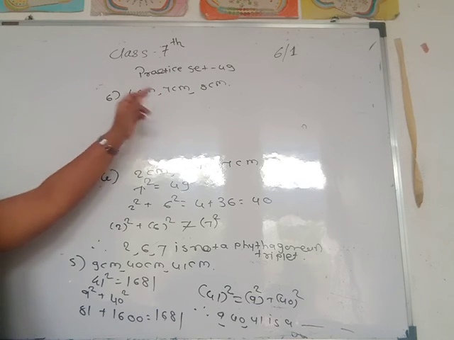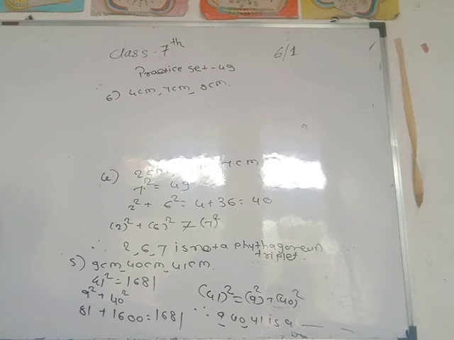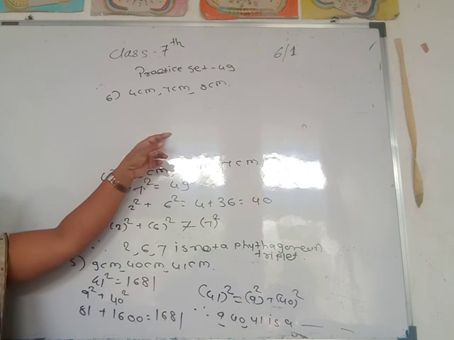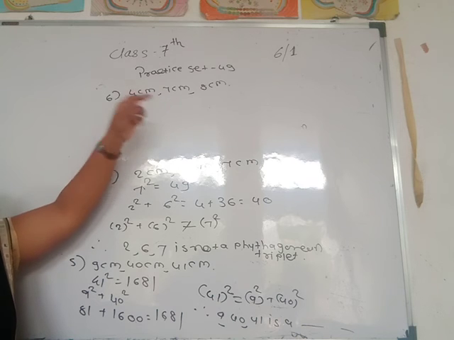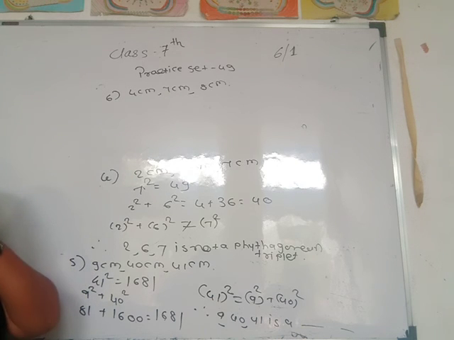Then the remaining two numbers: 4 squared is 16 and 7 squared is 49, and the sum is 65. But 4 squared plus 7 squared is not equal to 8 squared. Therefore 4, 7 and 8 is not a Pythagorean triplet.